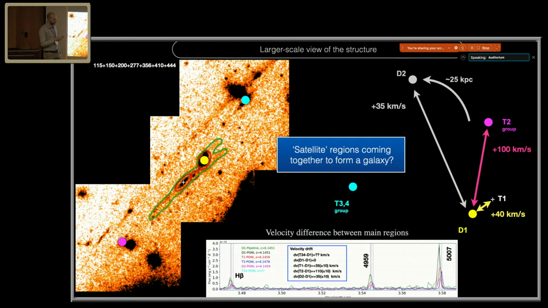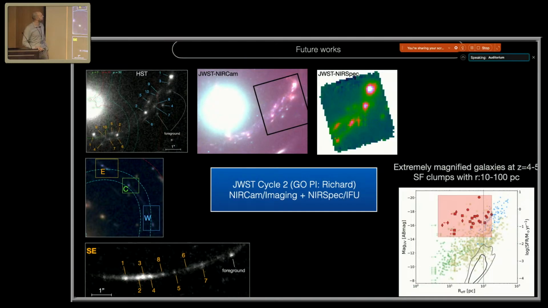We also see a shift in the position of the lines, so probably a peculiar velocity shift among them. So basically, I think what we're seeing here is satellite regions that are coming together, probably to form a larger galaxy at redshift 6. Future work, Adelaide already mentioned, so I will skip.